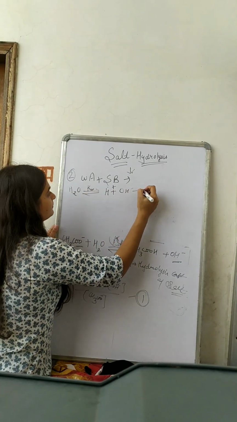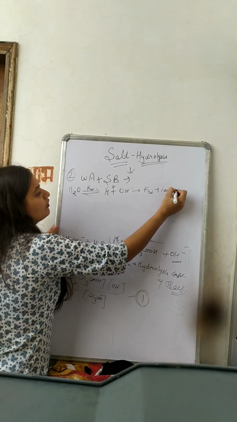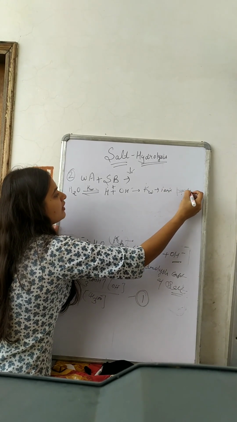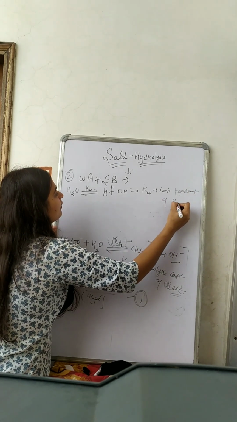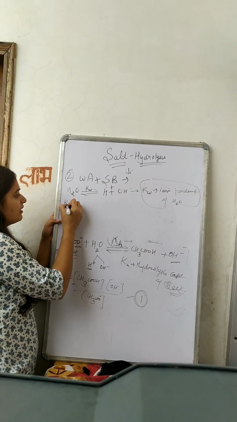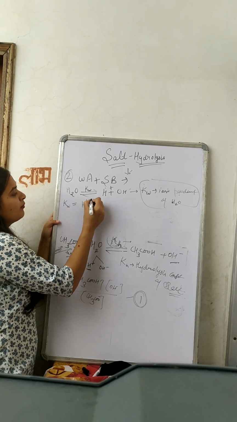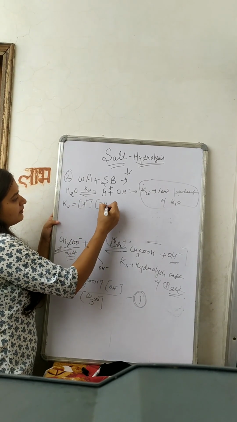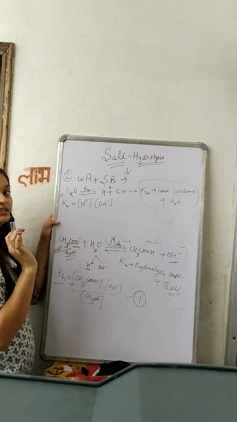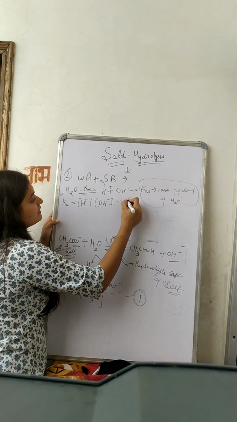For this we can write Kw, which is the ionic product of water. Kw is equal to the concentration of the products divided by the concentration of the reactant, but as you know, the concentration of water is constant, so we can write it like this. This is the second equation.